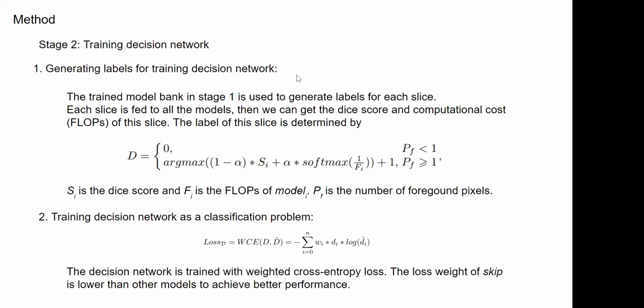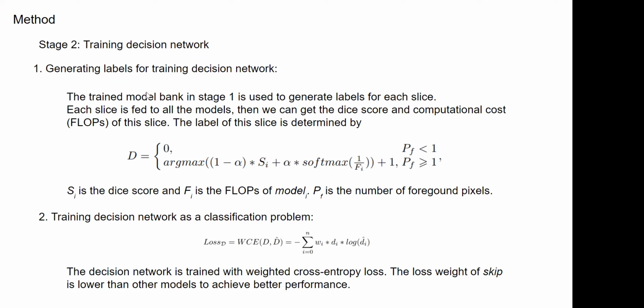In the second step, we train the DCE network. As I mentioned, I am formulating the DCE problem as a classification problem. So the first thing is to generate the classification labels for the DCE network.